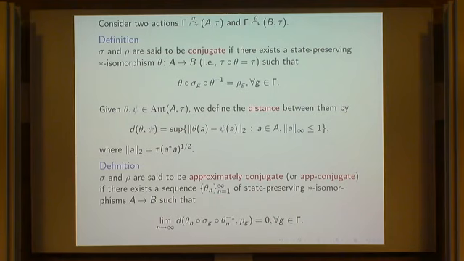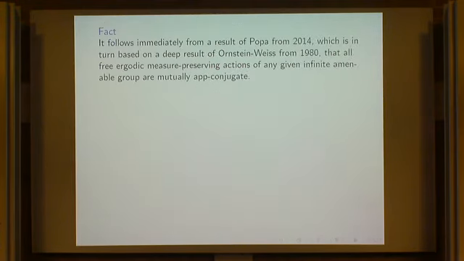So that's the definition. So one of the first questions that arises is, how does this compare to the standard conjugacy? And it turns out that for a lot of groups, they're very much distinct, as you would imagine. So the first thing to notice follows from a result of Popa, earlier work of Popa from 2014, which is in turn based on the Ornstein-Weiss theorem, 1980, that all free ergodic actions of a fixed infinite amenable group are automatically approximately conjugate to each other.